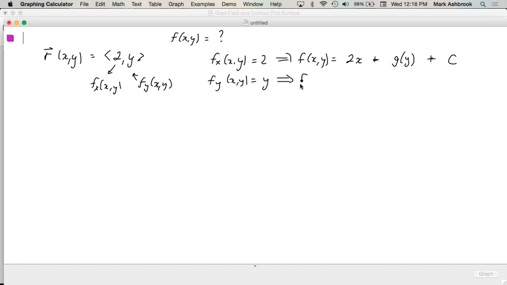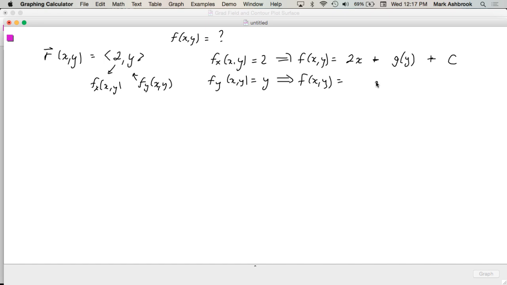These aren't two different functions. It's the same function, just a different view of it, because we have different information from each partial derivative. Okay? So if we just had a y, that would mean what?